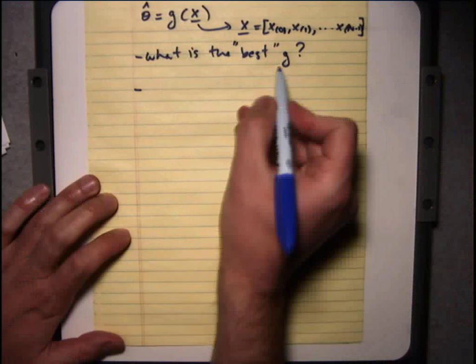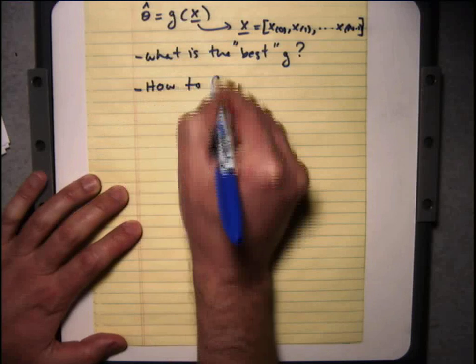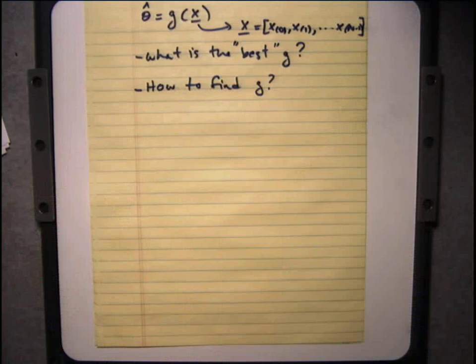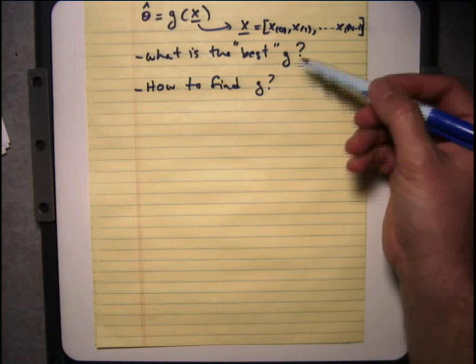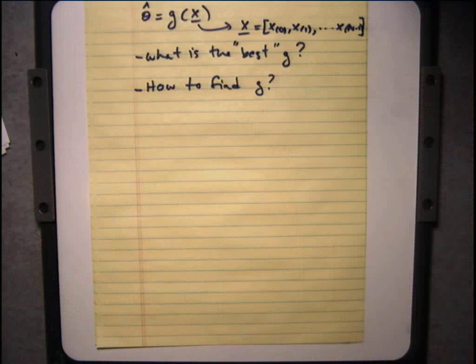So now if I have done that, how would I find G? As you can imagine, for some choices of an optimality criterion, it's going to be easier to find G than it is for others. And you'll see that in its complete detail as we go through this material.